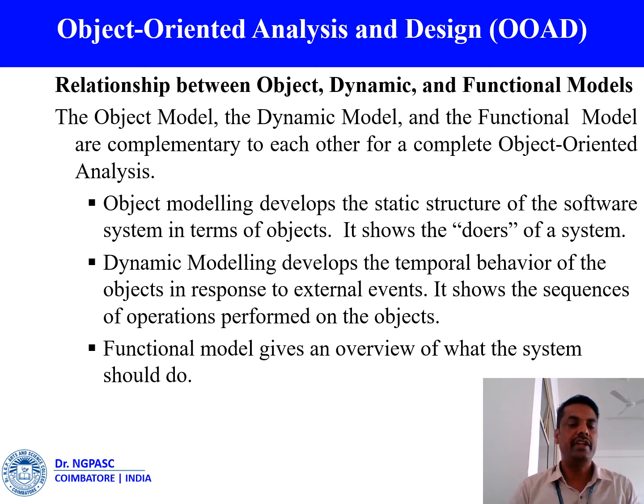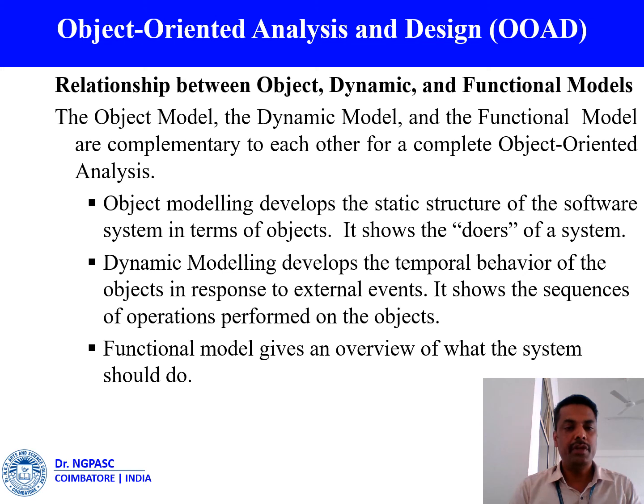The next one is the relationship between the object, dynamic, and functional models. The object model, functional model, and dynamic model complement each other for a complete object-oriented analysis. The object model develops the static structure of the software system in terms of objects. It shows the doers of your system.